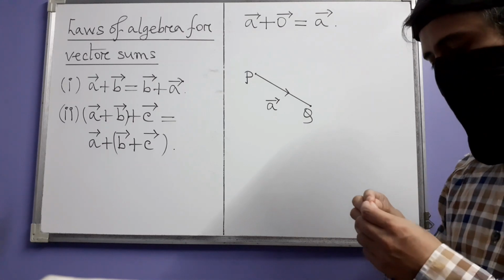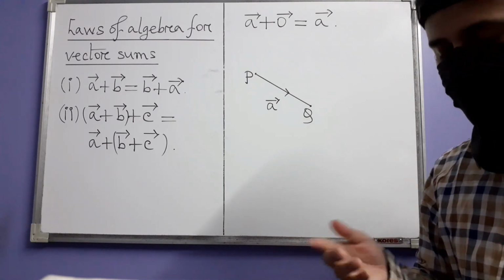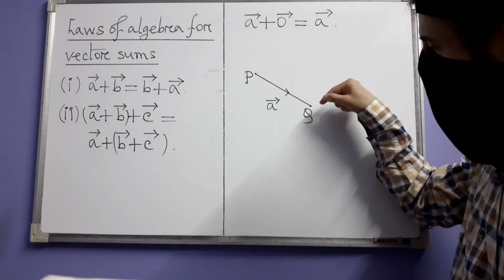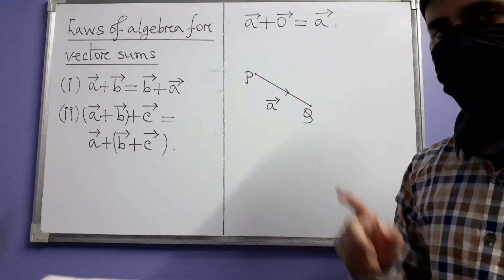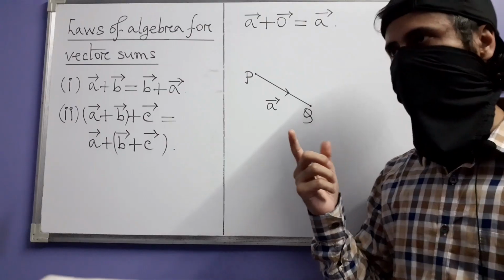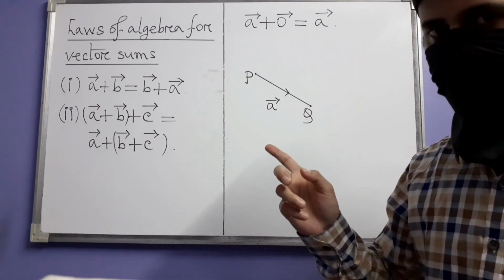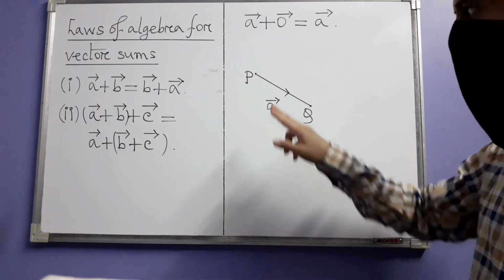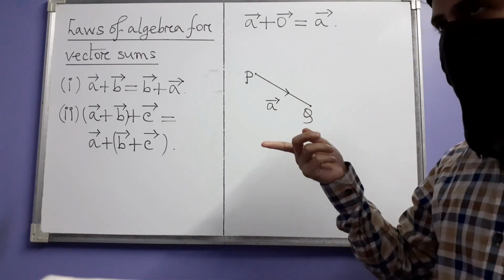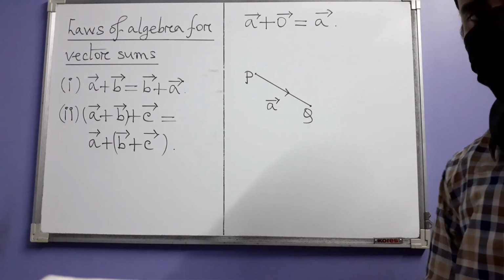Or you can actually think of it as a line segment having 0 length, but there is no direction because of this lack of length. So that R in this case is Q itself. And what does the definition say? The definition says that then the directed line segment PR represents the sum geometrically. In this case, because Q itself is R, the sum should be that vector whose geometric representation is PQ, but that is just A. That's why.